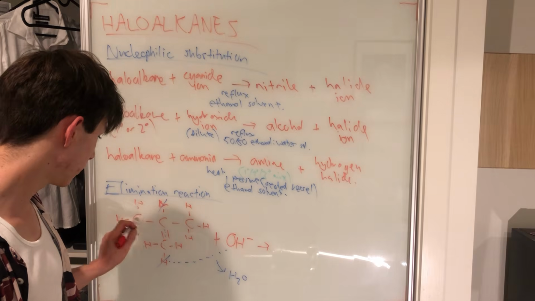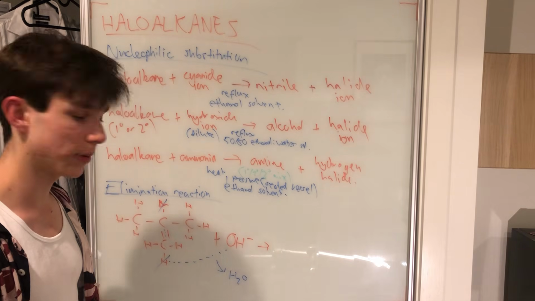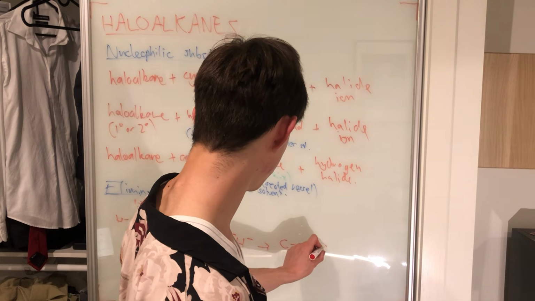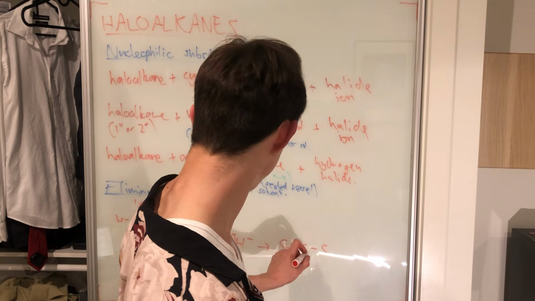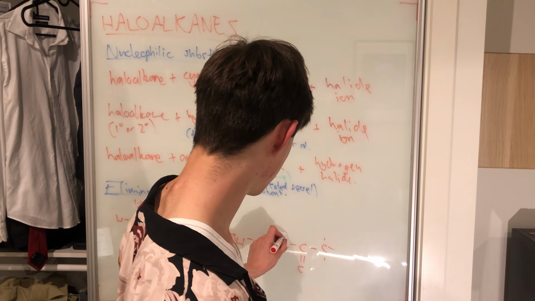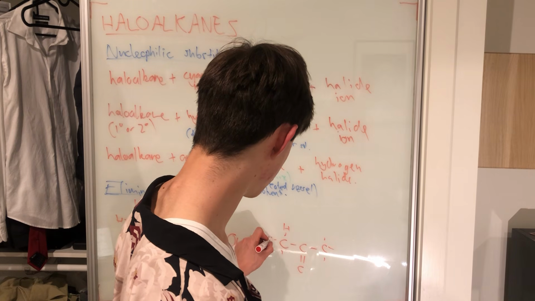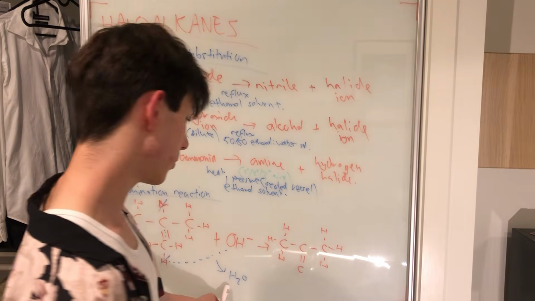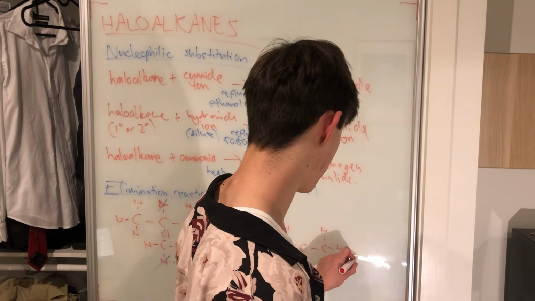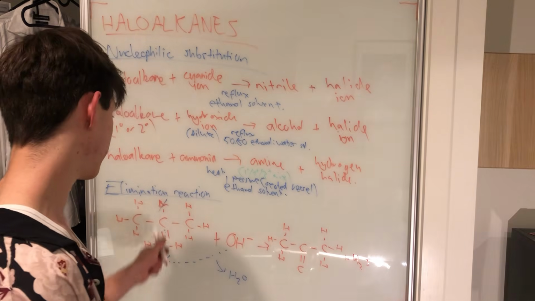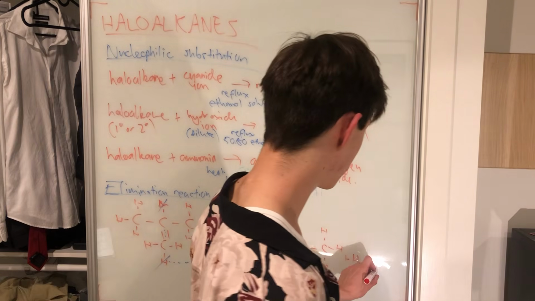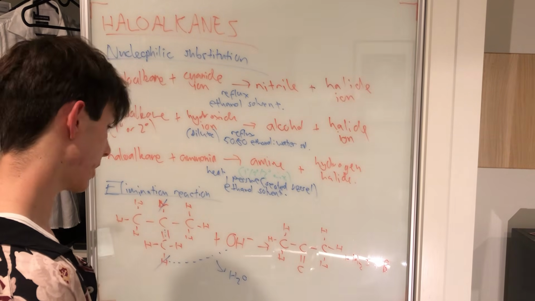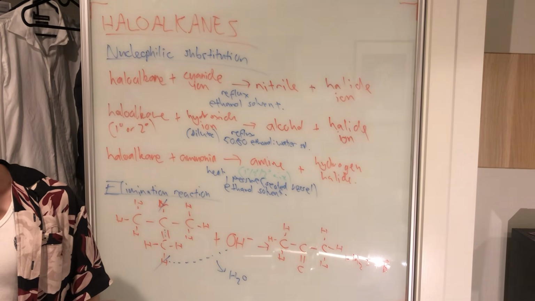So 1, 2, 3, 2-methylpropene. Got the methyl group, got the methyl group there. We've formed water. And the last thing we have left is the bromine, which is going to form a bromide ion.